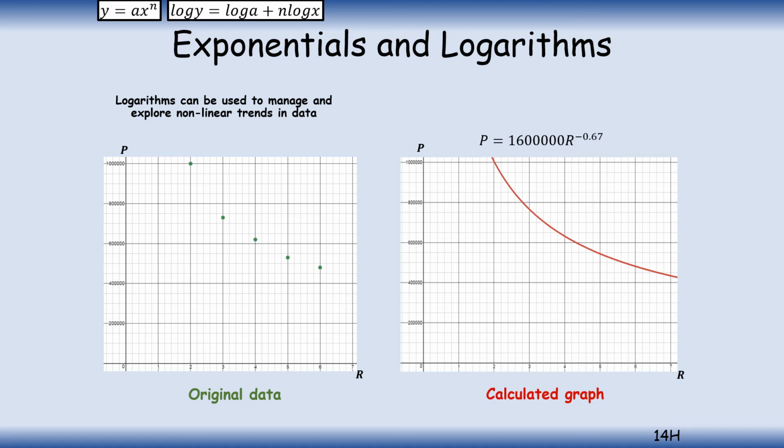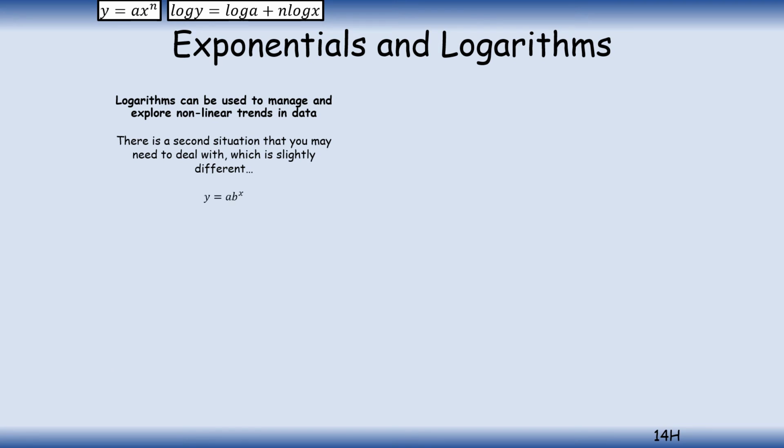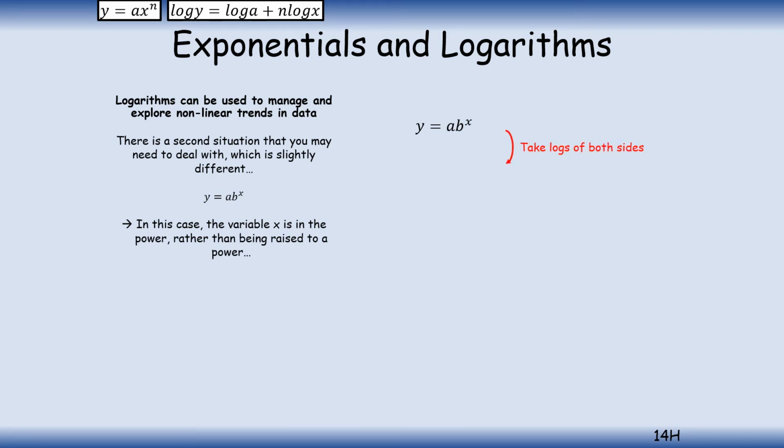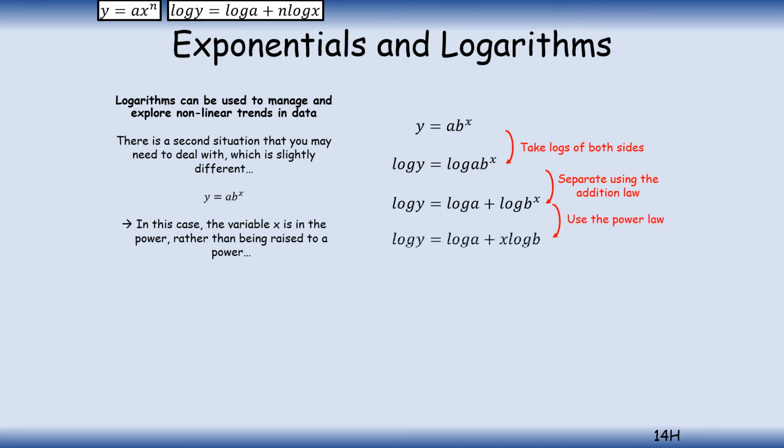Okay. So we're going to look at a slightly different situation now. We have the power this time, which is the x. Again, we're going to use the log rule, take logs on both sides, and then simply split them up and bring the power down, and this looks very similar to y equals mx plus c once again.